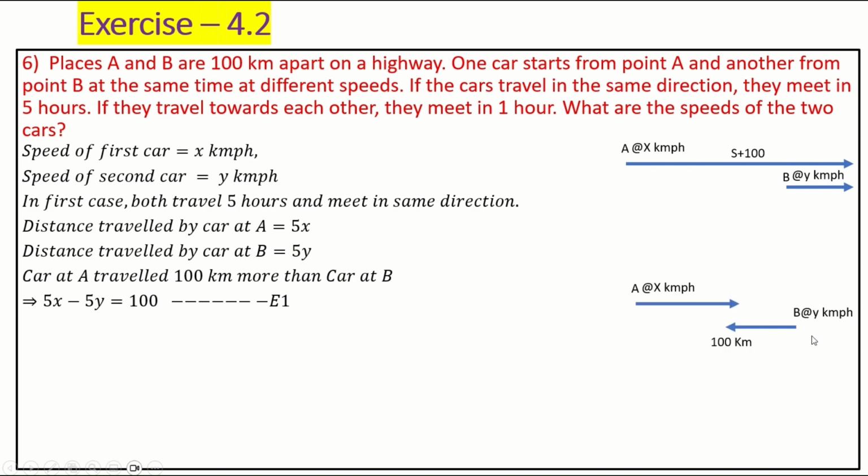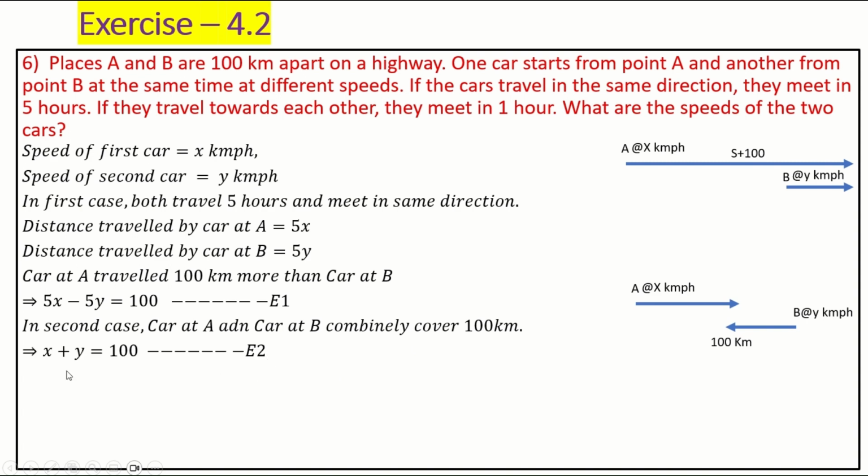Now the second equation: both are traveling in opposite directions and they meet at a point. Now what happens? x plus y equal to 100. How? They are meeting after 1 hour. So in 1 hour, at x speed and y speed, 1 into x plus 1 into y equal to 100.